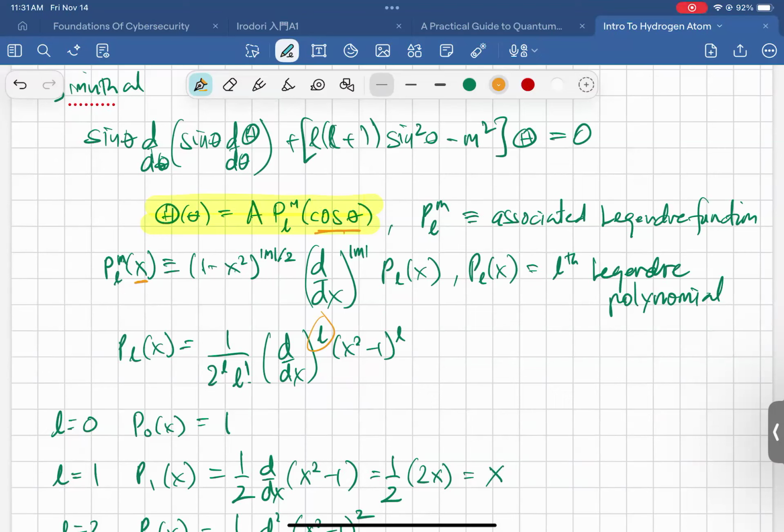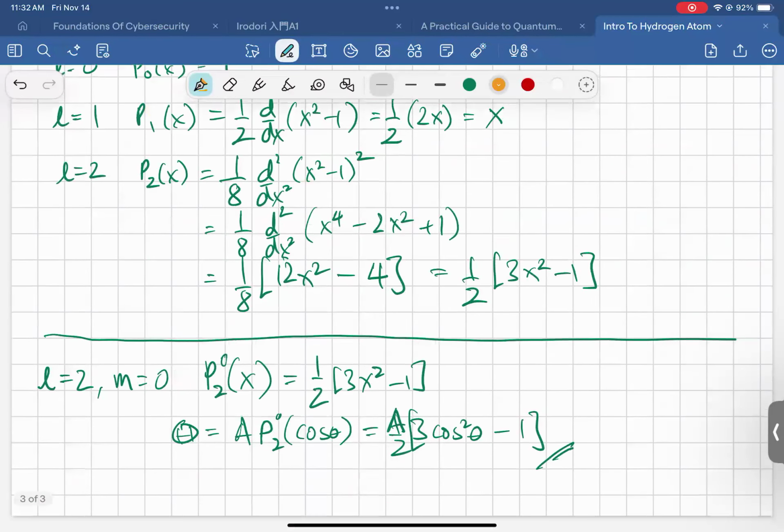And yun din yung definition ng Legendre polynomial tsaka Legendre function. So integer values lang din. And now we now have actually two quantum numbers. Ang quantum number na L ay tinatawag natin na orbital angular momentum quantum number. And mag-make sense yan mamaya.